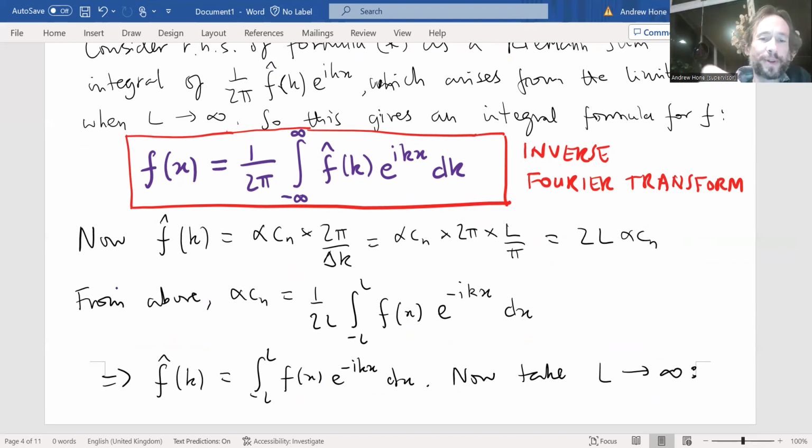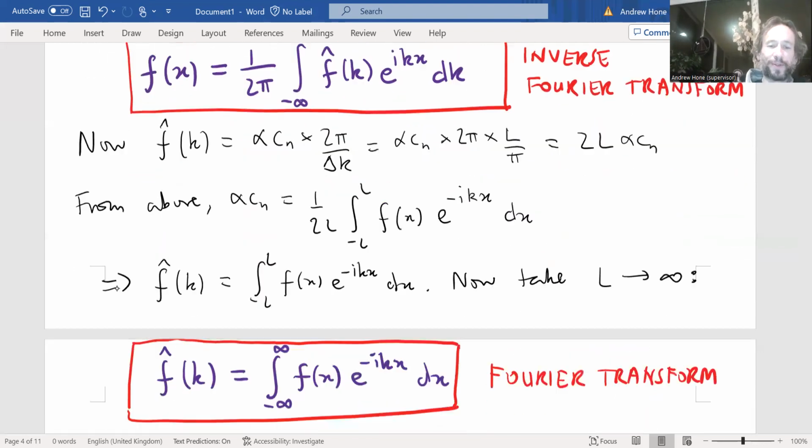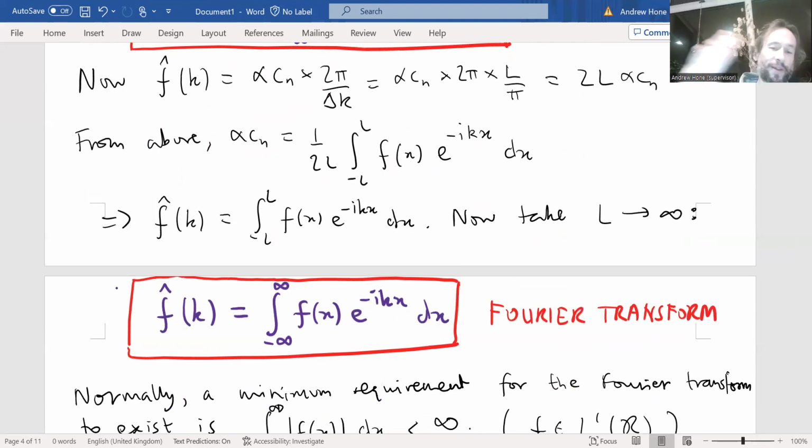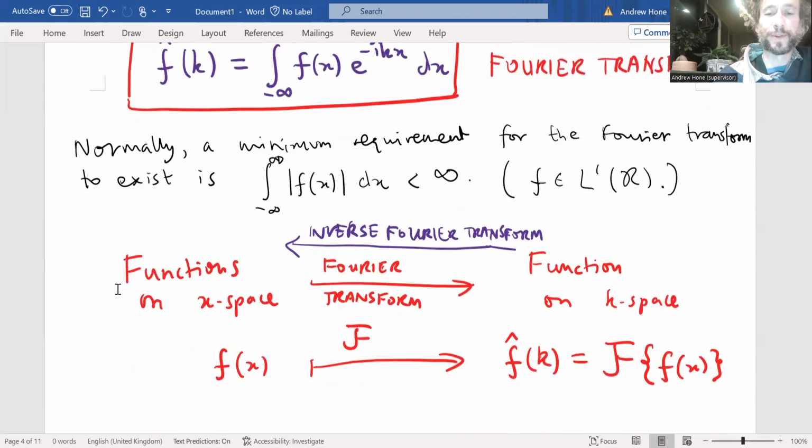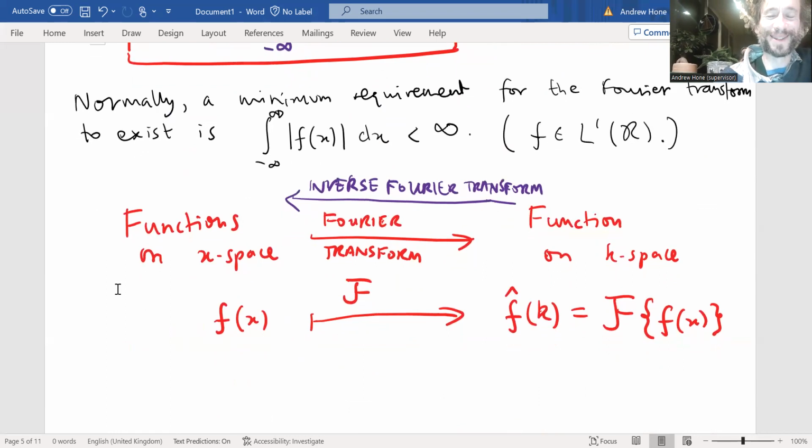So it is possible to put a scaling in so that the formula has a square root of 2 pi here, and also a square root of 2 pi on the bottom here, or other scalings are possible. If you're doing quantum mechanics or engineering, you might have physical constants that you want to stick into the scaling. So that was why I was being a bit cautious about what scaling I wanted to do, but I didn't really need to be. We're just going to stick to this definition.